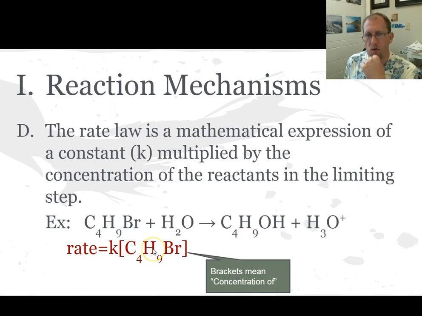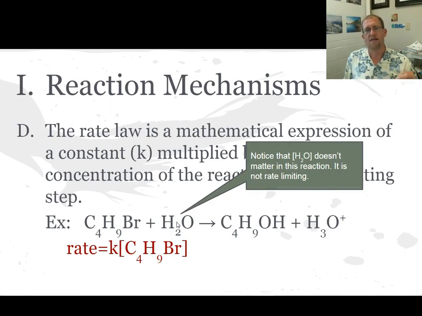And when we experimentally determine this, we could say that the rate law is K times the concentration of C4H9Br. And what we're saying is that the more you concentrate this reactant, the faster the reaction is happening. Notice there's no water here, right? Water doesn't matter in this particular reaction.